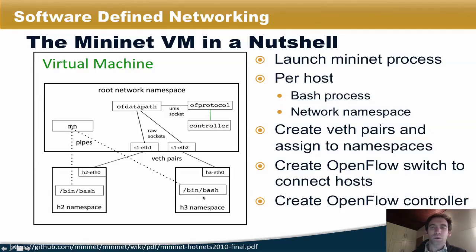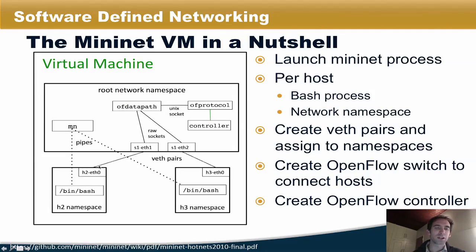And that's done with the Linux network namespaces mechanism, which is now native in the Linux kernel. At that point, each process represents a host, and each of these processes has its own network namespace. And the next thing that happens is Mininet creates what are called virtual Ethernet pairs.